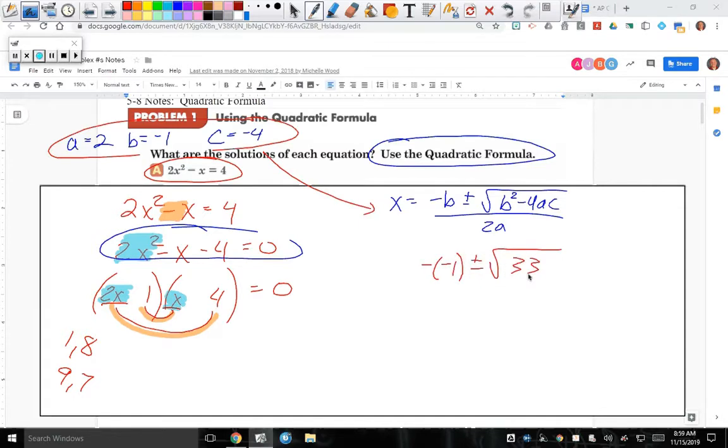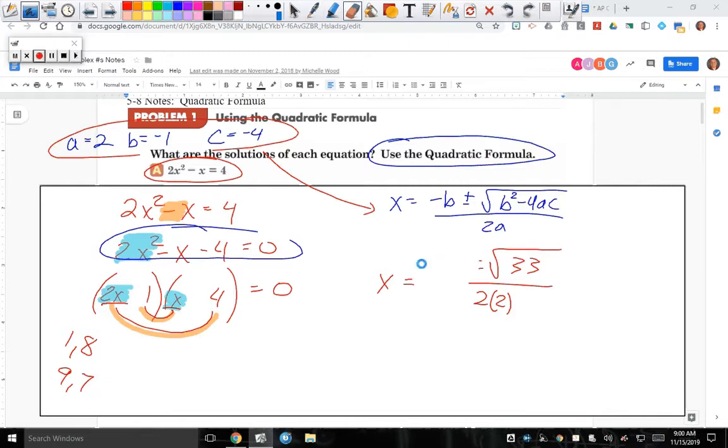That's what we got, right? Did we get 33 for b squared minus 4ac? Okay. All over 2 times a, which is 2. So this is a good thing about doing the discriminant test, because you're going to get that 33 anyway. So now not only do you know what kind of answer you're going to get, you also can get that square root piece already.